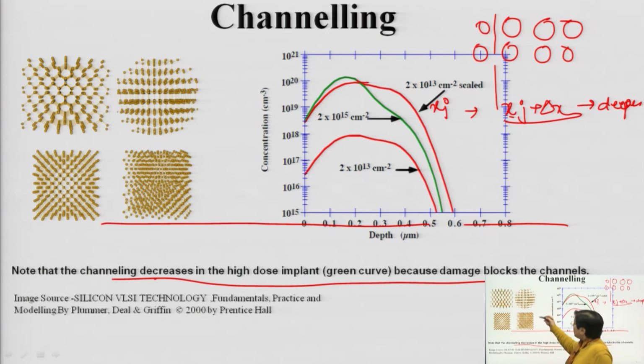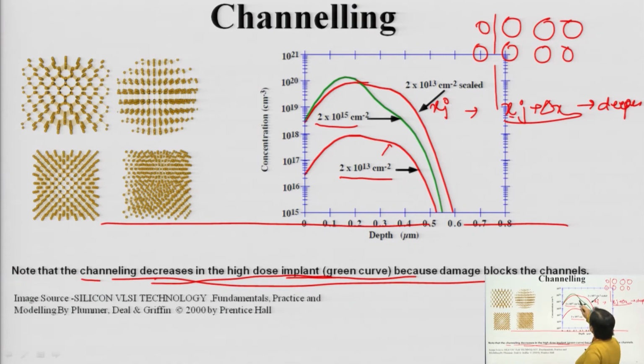You can have different impacts. This is the normal dosage: this is the 2 raised to the power 15 profile, this is the 2 raised to the power 13 profile, and just see how channeling has changed this.